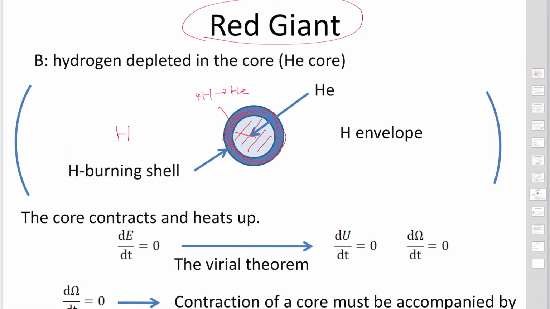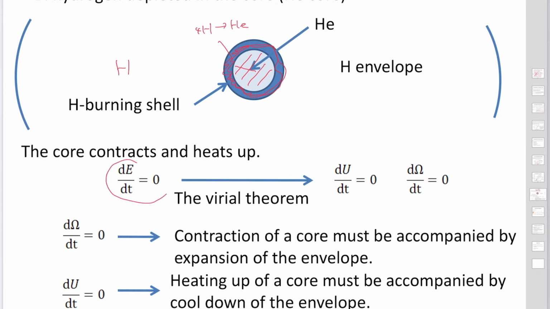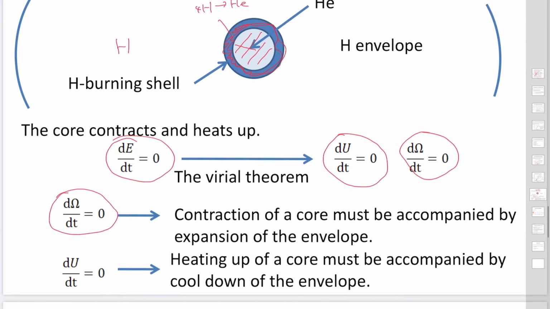So in the red giant, total energy has to be conserved, using the virial theorem. Total internal energy should be conserved, and the total potential energy should be conserved. So, as I explained, the central region collapses.